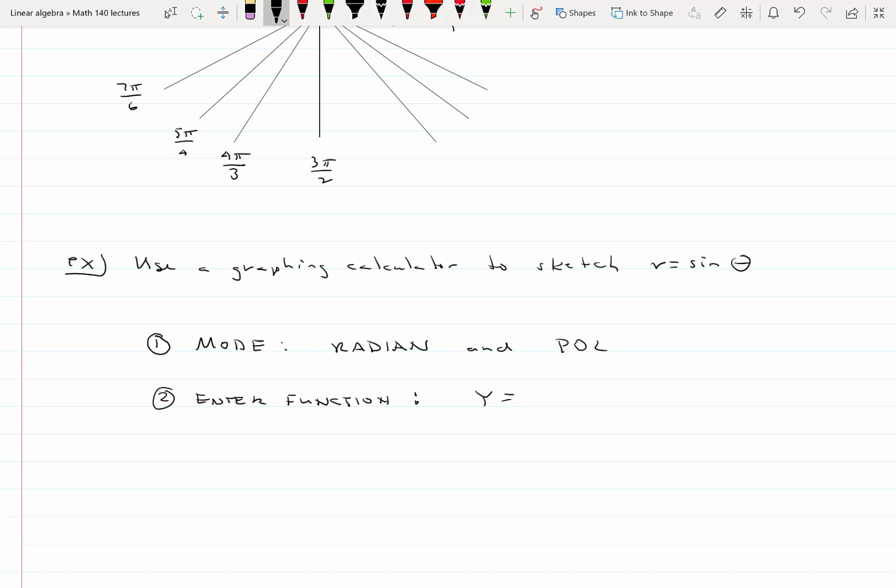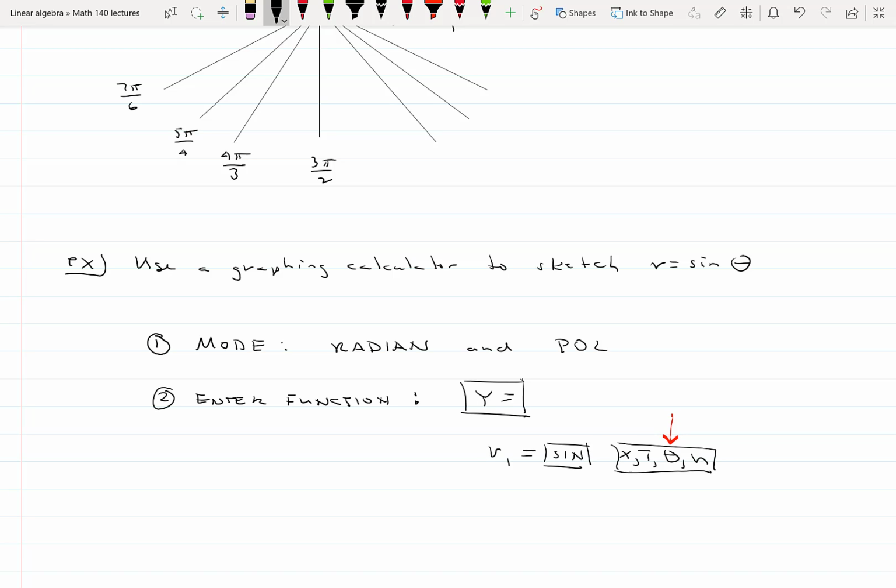So you push y equals, enter r1 equals, push the sine button, and for the variable you use the X,T,theta,n button. Since the calculator is in polar mode, it knows to interpret that button as the theta button and not the x, t or n button. So we push sine of theta and close the parentheses.